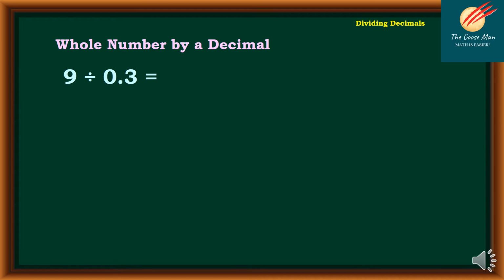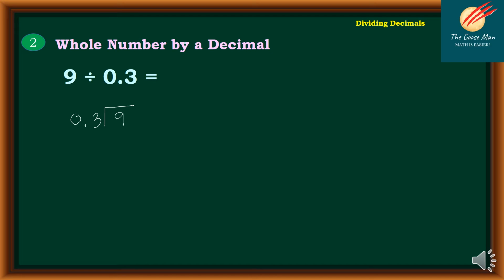Let's move on to the second case, which is a whole number by a decimal. What we're going to do here is put 9 inside the division house. So let's have here 9 divided by 0.03. Again, our objective is to make the divisor 0.3 a whole number.